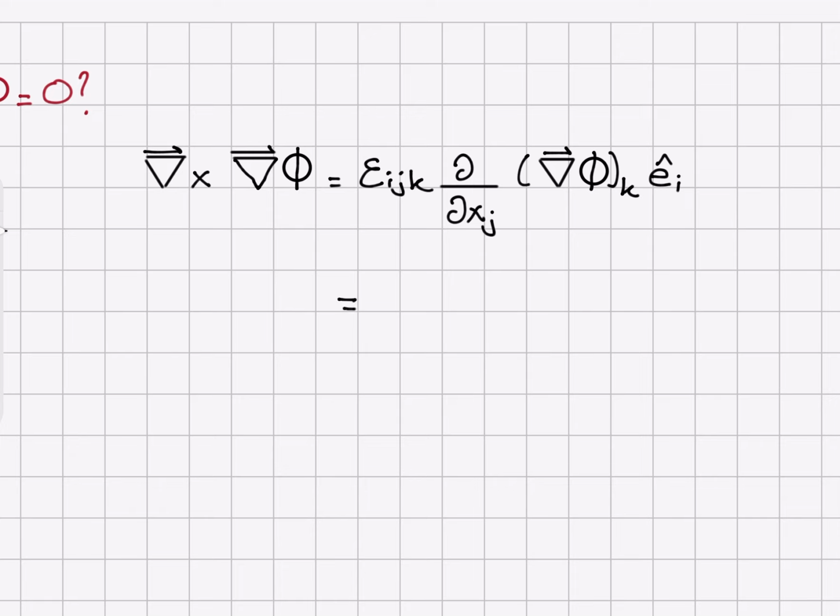So now I'm going to write epsilon ijk ei hat, and now partial derivative with respect to xj of the kth component of the gradient of phi, which is del phi del xk.